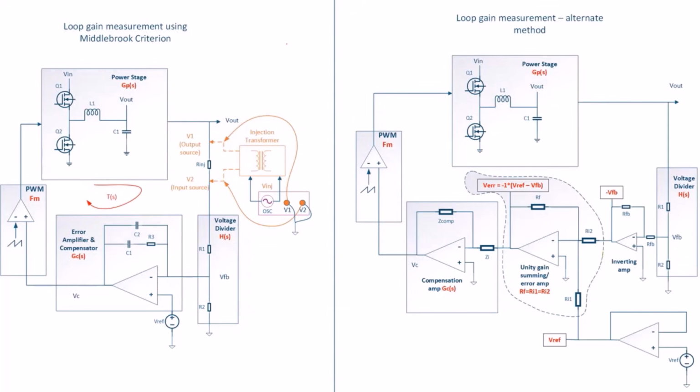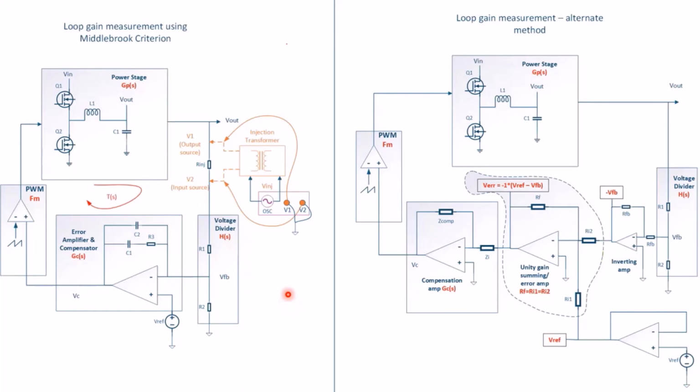Let us compare the standard method, which is using the Middlebrook criterion, with the method that I'm proposing. Just a little bit of background regarding the power supply system that I was performing the loop gain measurements on.